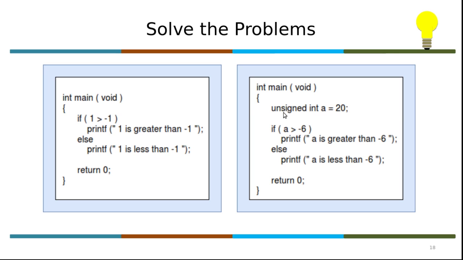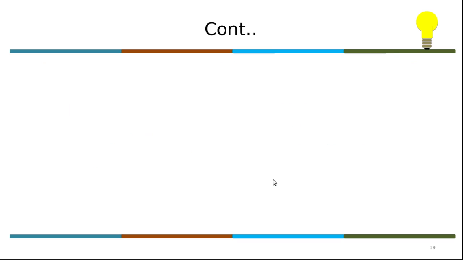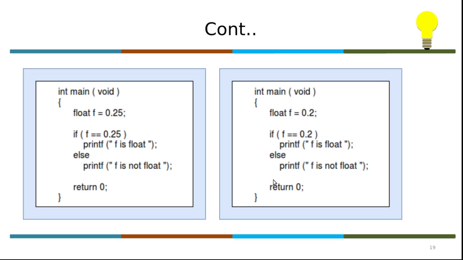Just a simple comparison: 1 greater than -1, a greater than -6, and see what the result is. Few more things: float equal to 0.25, and see what the result is, and here what is the result.